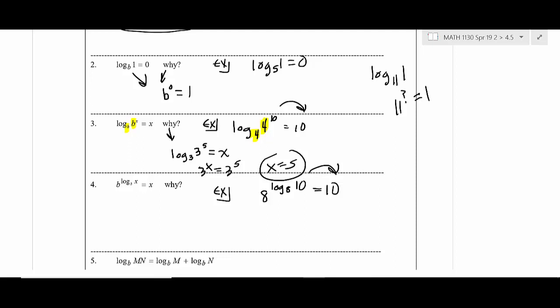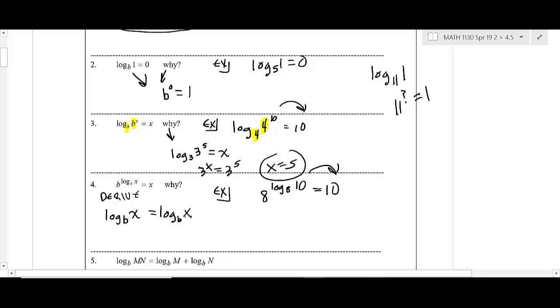Let me show you where this comes from and see if this makes sense to you. This is kind of like how you derive this formula. And you should write this down because it's useful to know where this one comes from. So what I'm going to have you do is just write down log base b of x equals log base b of x. That's obviously true because it's the same thing.